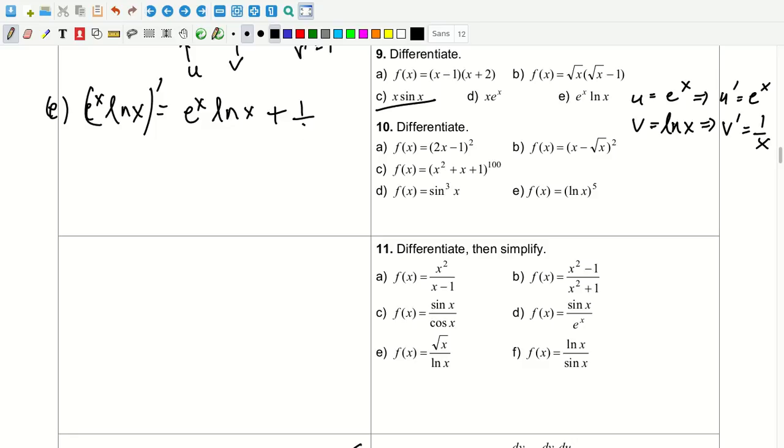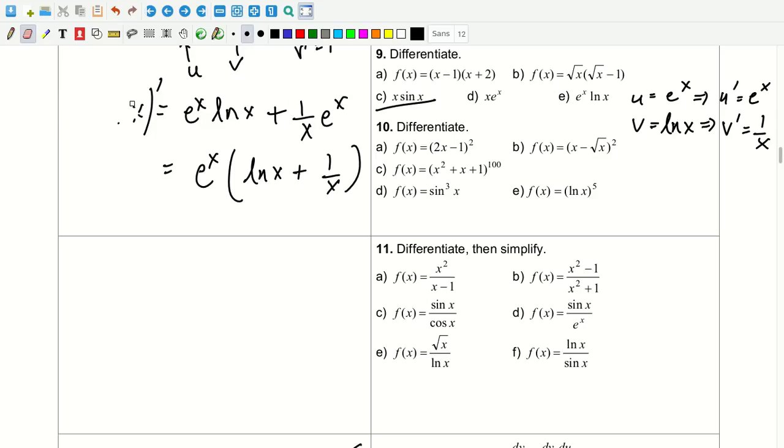It would be 1 over x e to the x. So again, there's a common factor of e to the x. So I just factor out e to the x, and I get ln x plus 1 over x, and I'm done.